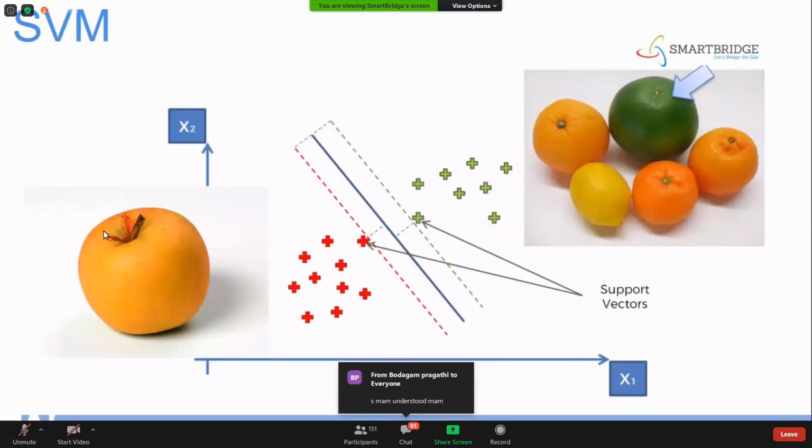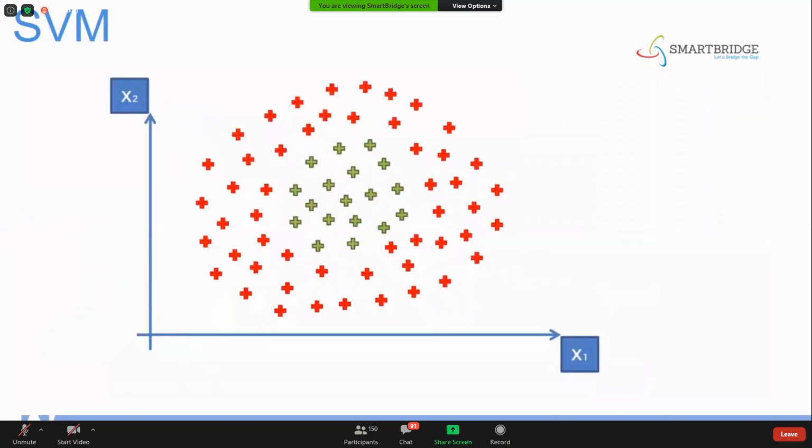So with the help of SVM, we have created a hyperplane and we are able to separate these two classes with the help of a line. That's very good. Nice. But what if the data is in this way? Can you linearly separate it?